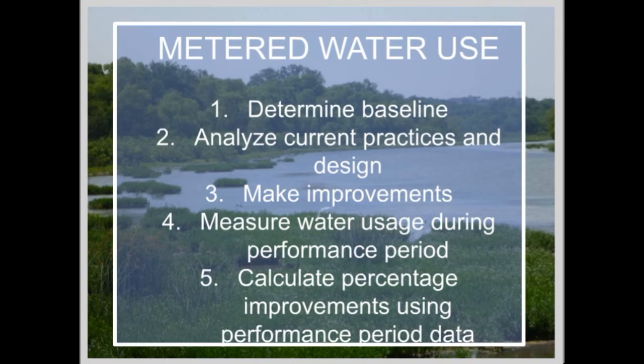Making improvements is next, by installing new fittings or fixtures, or using alternative water sources to increase the percentage reduction from baseline. The next step is to measure water usage during the performance period and calculate percentage improvements using performance period data.